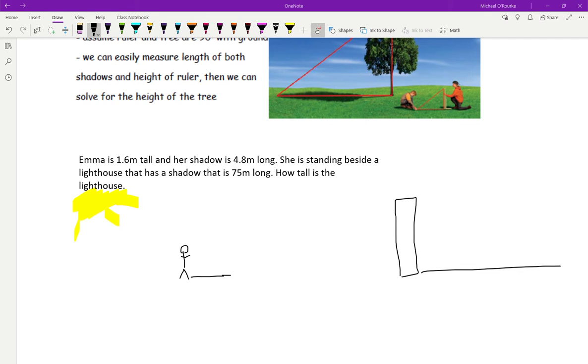Does anyone have their triangles done? Or are we all lost just waiting for me to draw it?